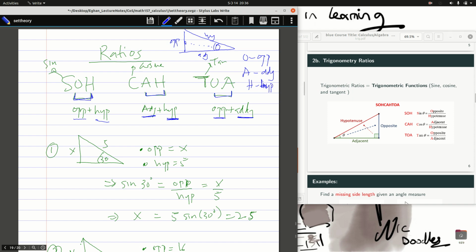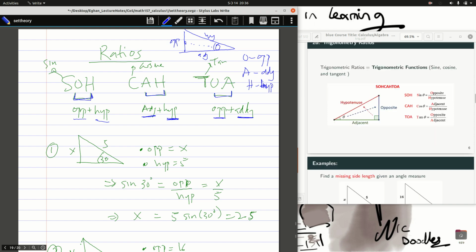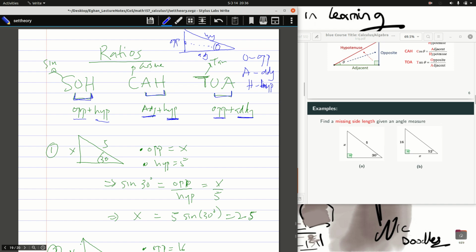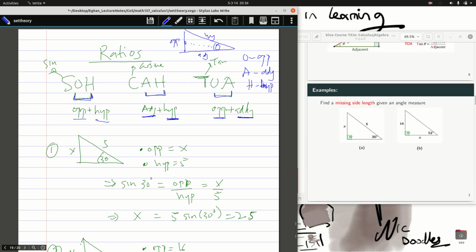And so we're going to use these trigonometric functions to evaluate certain triangles. In the first example, look at figure A and then B. You have an angle given and some missing sides, and you want to find this missing length.